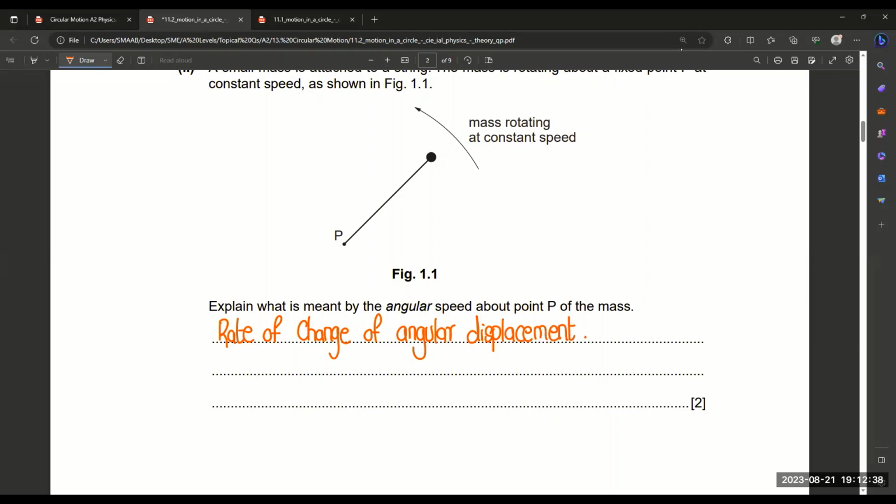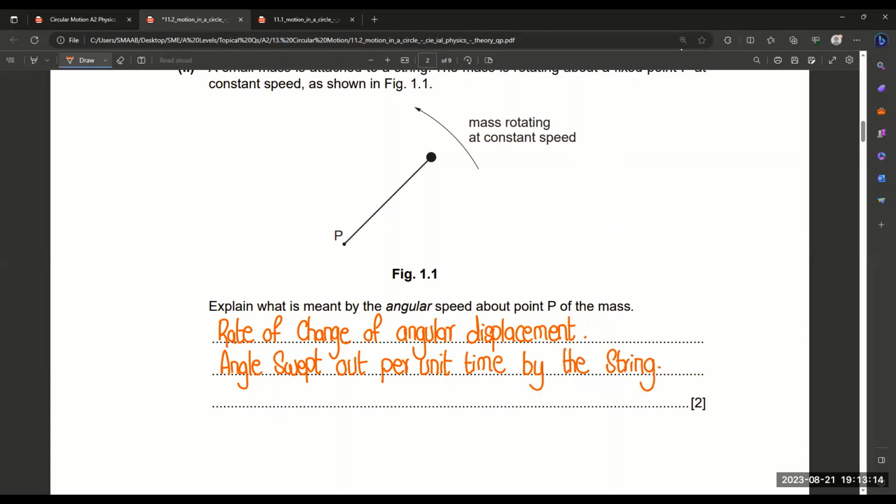This is the concept of rate of change of angular displacement, or we can say one more thing: it is the angle swept out per unit time by the string.